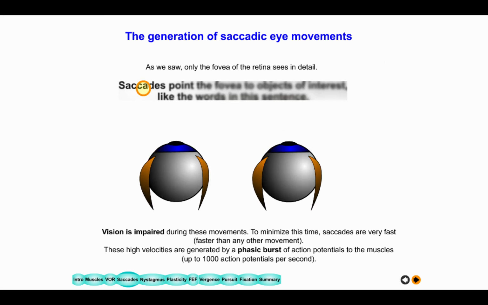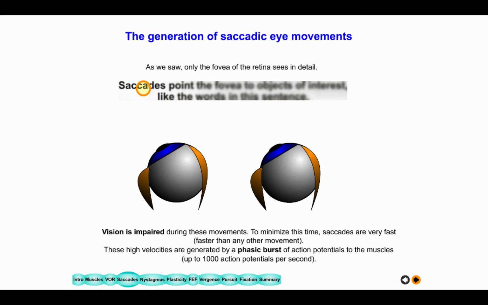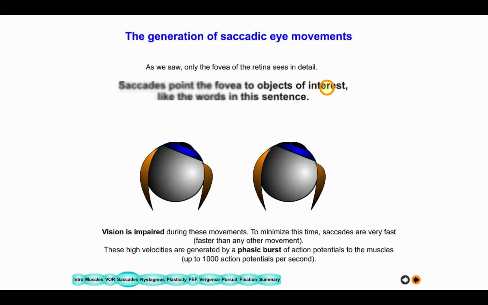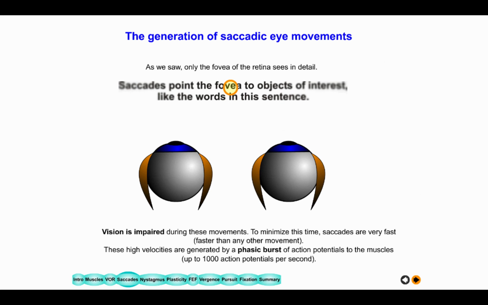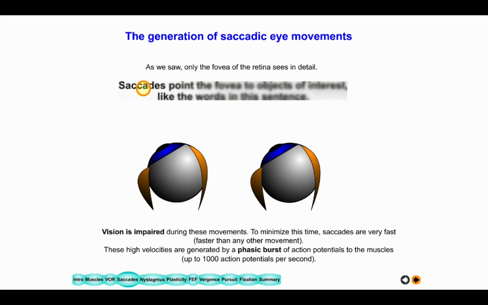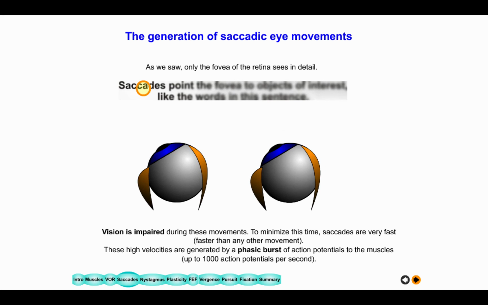And so, again, you rotate these eyes at very fast velocities, and to do that, you fire these neurons, or you send a signal to these muscles to contract as fast as possible. So the neurons that come to these muscles have action potentials at a rate of 1,000 action potentials per second.